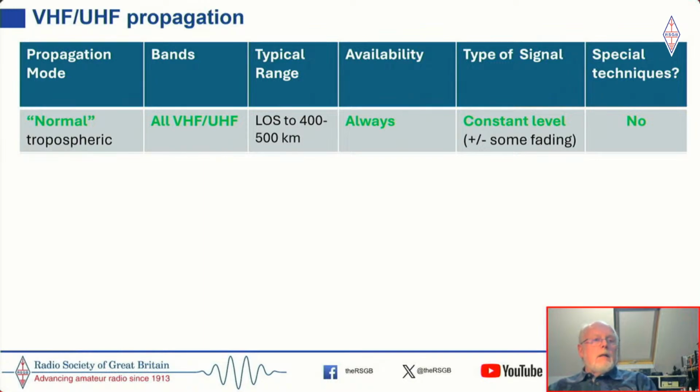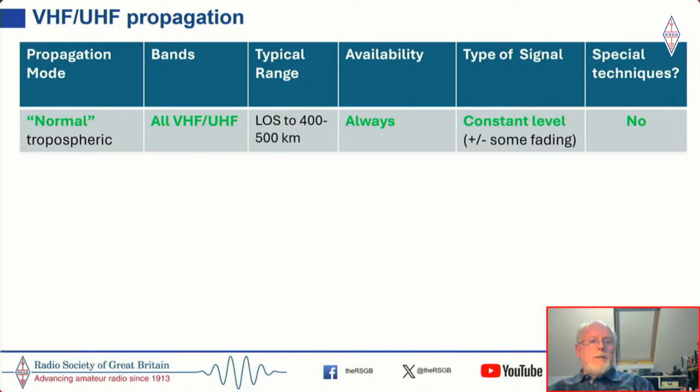Okay, tropospheric propagation. Well, the troposphere is this lowest level of the Earth's atmosphere where we live and where the weather happens. And it's been known for quite a long time that this kind of propagation is affected by the weather, which means that you can expect some degree of fading, but that's kind of factored in, again, into our definition of what's normal for radio signals going beyond the horizon.